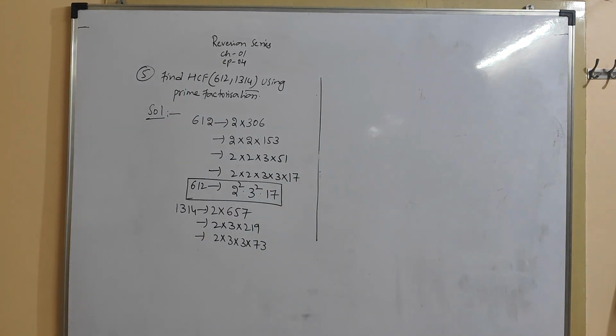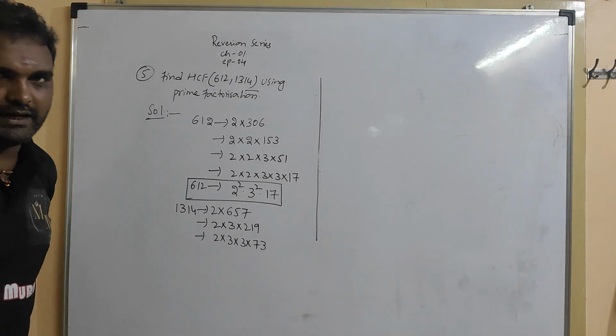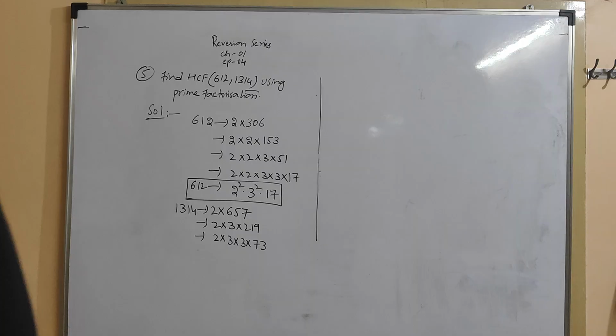Am I clear or not? 2 into 3 into 3 into 73. 73 is a prime number or not, you tell me. 73.